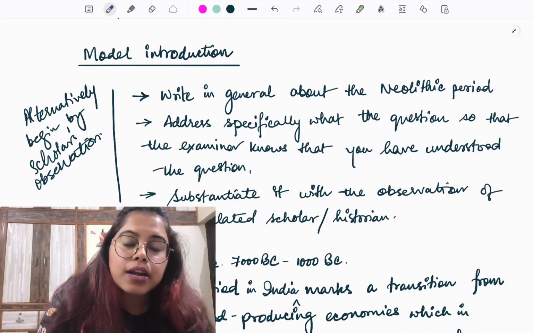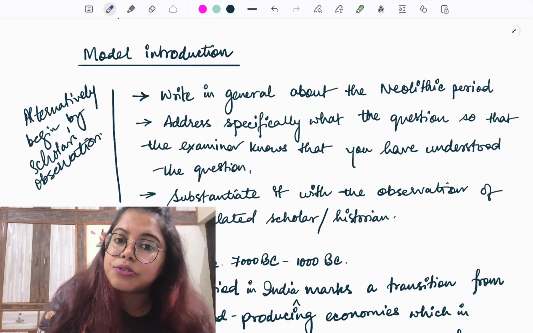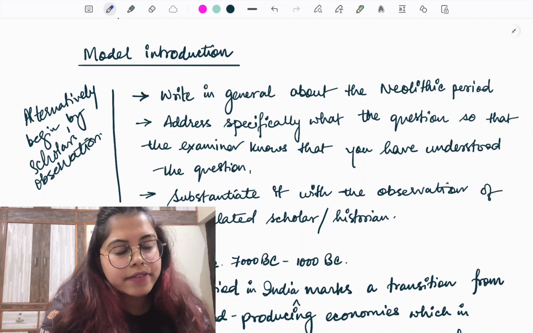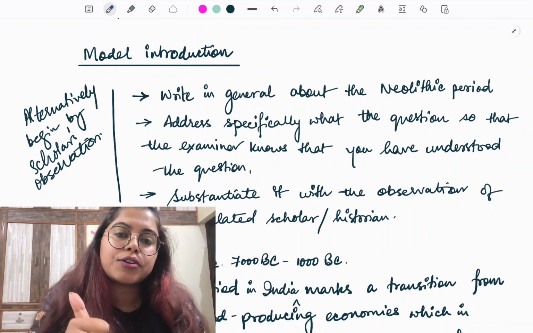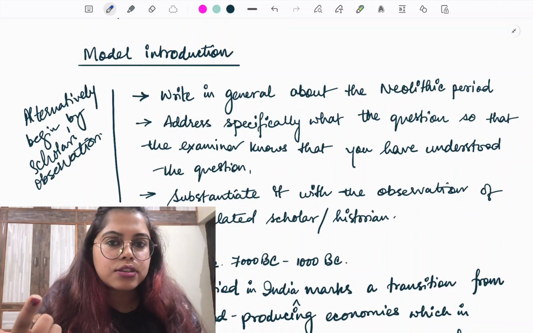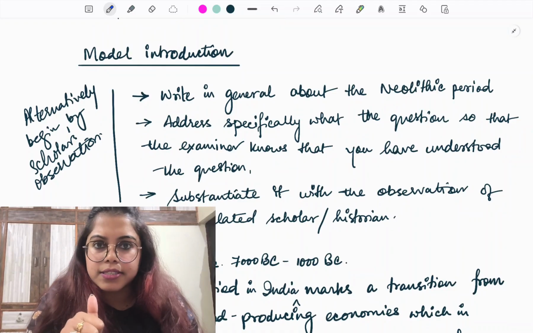That means more understanding of seasons and the kind of resources that are needed to grow those crops, which is also paving the way for sedentary life. So the Neolithic period is characterized by food production, domestication of animals, village life, settled communities, and so on. So that is the first thing.